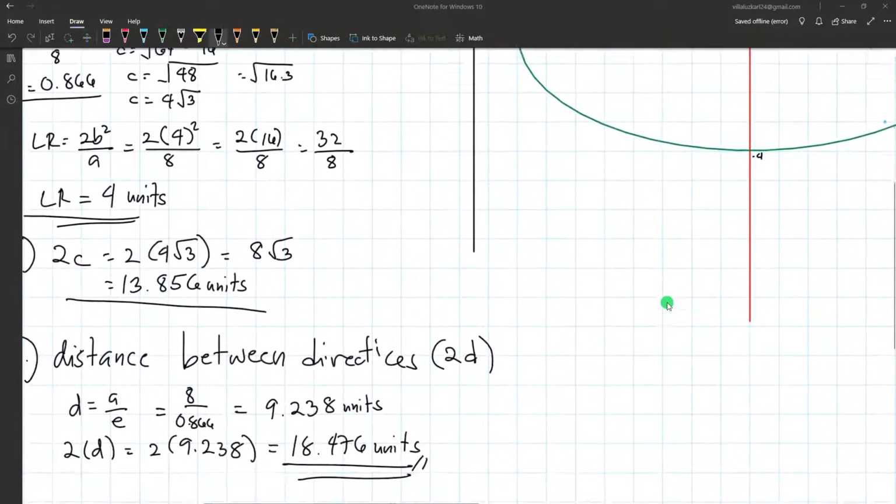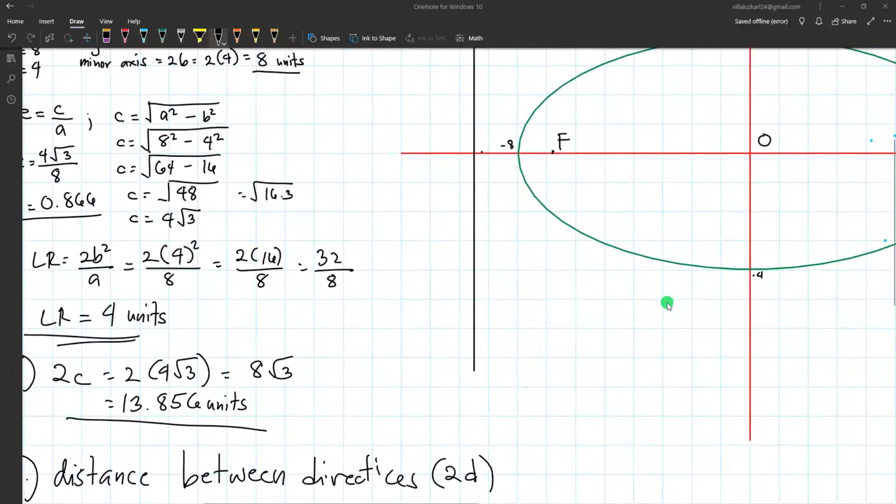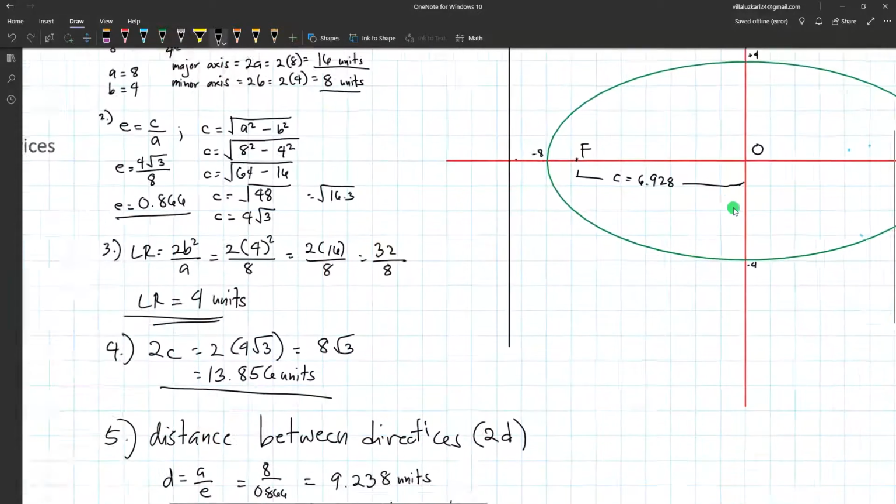For the foci, we have already determined the value of C for the location of the foci, which is 6.928, the decimal value of 4 square root of 3. Okay, this is your C, 6.928 from the origin.